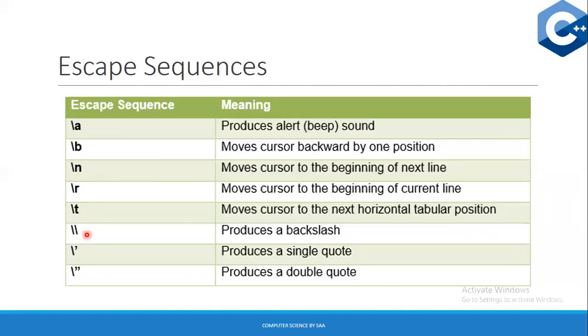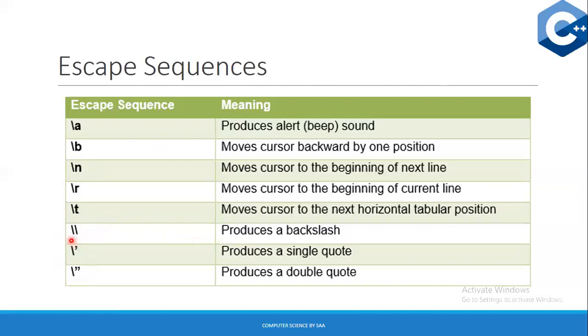Similarly, if we want to print a backslash, single quote and double quotes in our output, we will use them in this way. We will put a double backslash, and this will produce a single backslash on the screen. If we put a forward double slash, then it will be used as a comment.